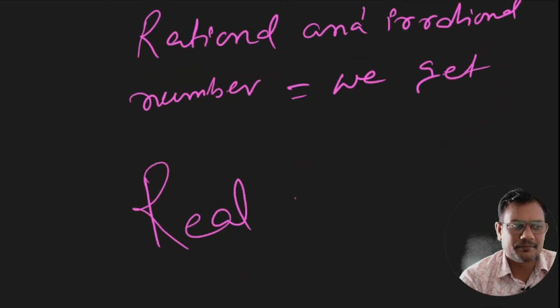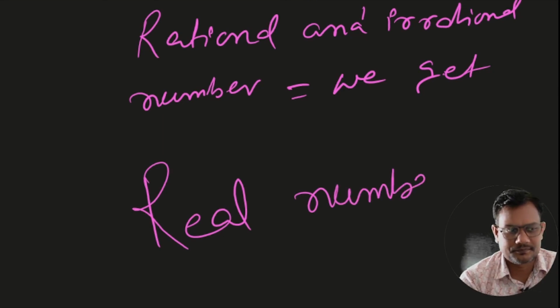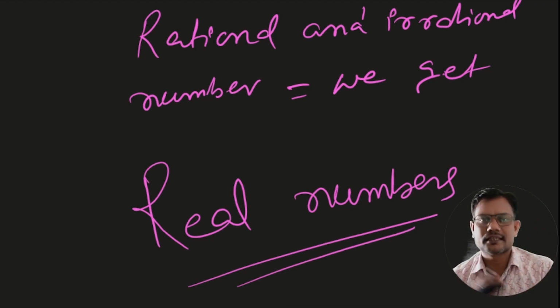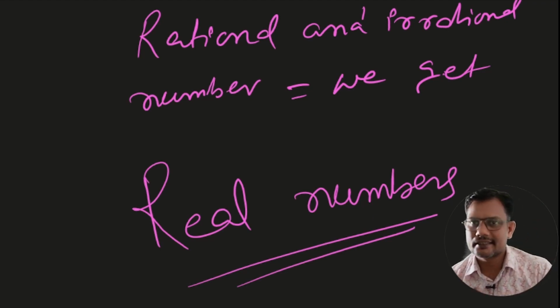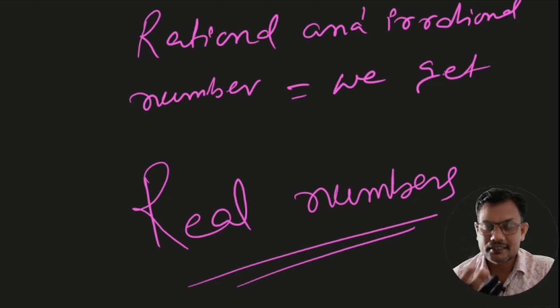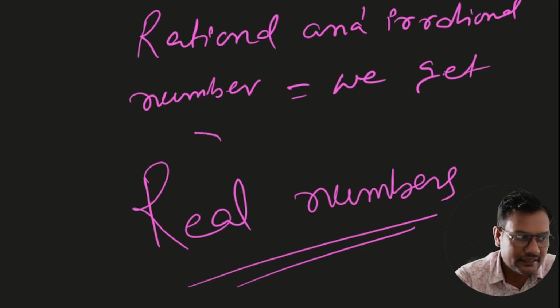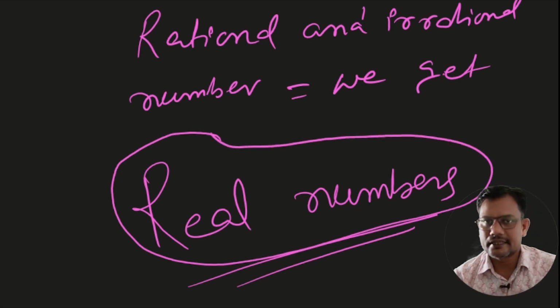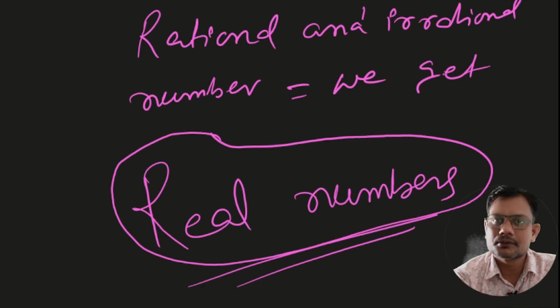Real numbers. That means the union of rational numbers and irrational numbers gives us real numbers. That we need to understand before going into depth in real numbers.